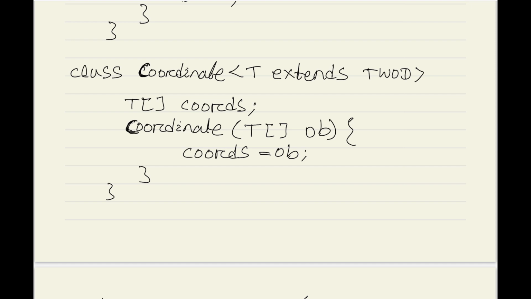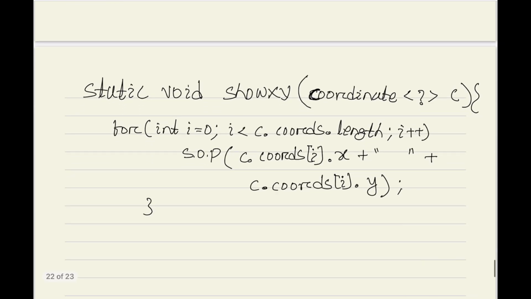So in this way, showXY can display the contents of any coordinate object. Any coordinate object can be used as a parameter here, because all the coordinates, 2D array, 3D array and 4D array, have x and y values, and for any object we are writing this wildcard argument.